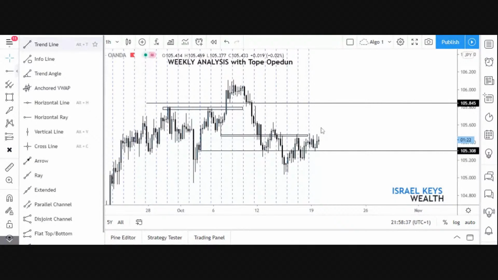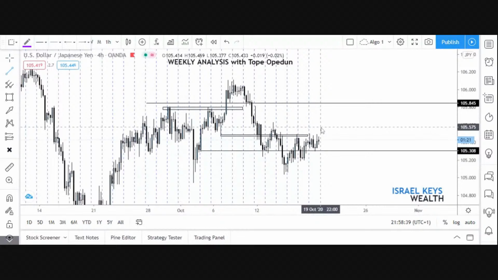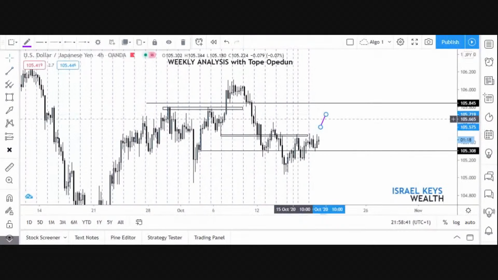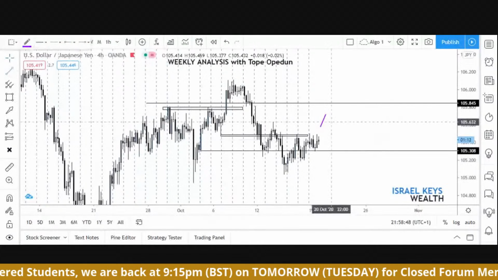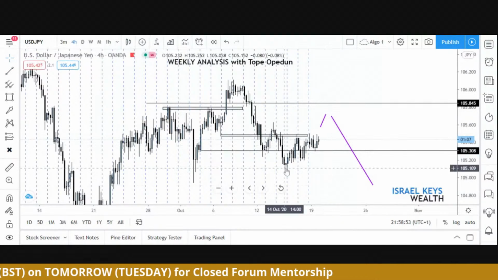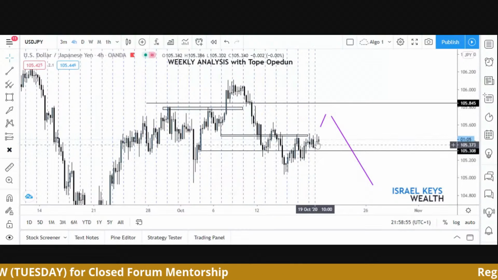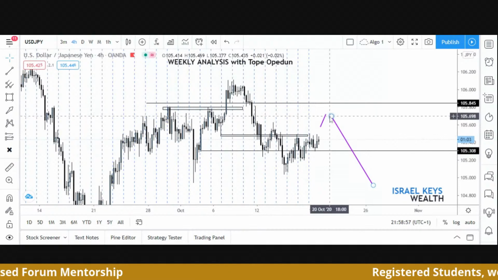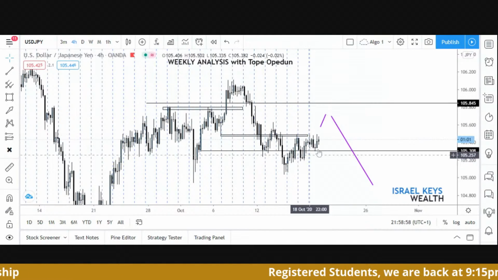So price to go within the range here, and then we're expecting a move down. Even all this grinding move up is showing that the buyers don't really have strength in this place.